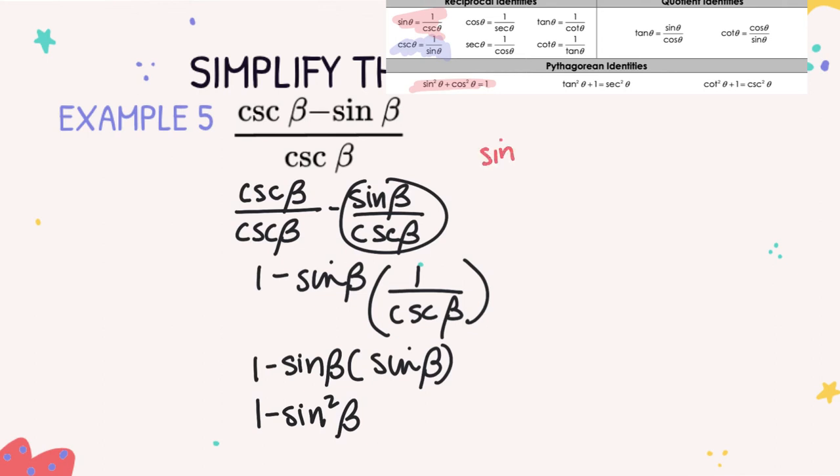Sine squared beta plus cosine squared beta equals 1. And I want to subtract out the sine squared beta.